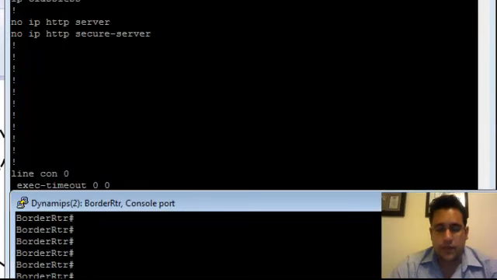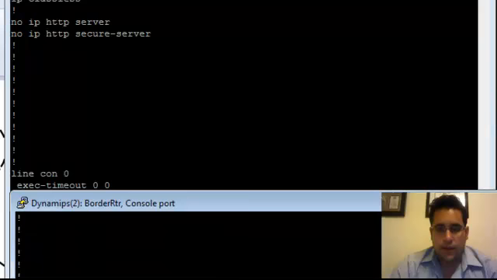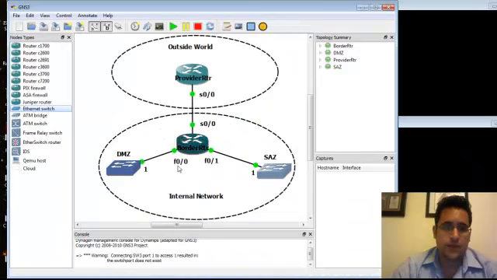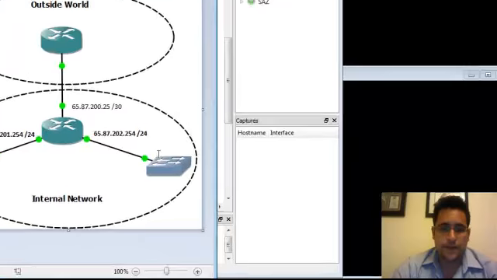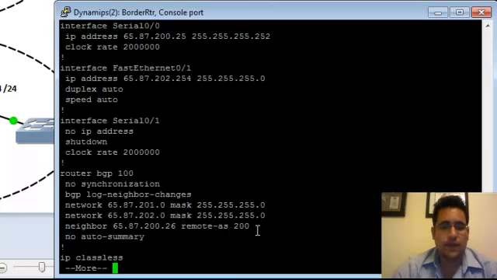Okay, pre-configured. It looks like we set up our FastEthernet 0/0, which is on the left side, towards the DMZ zone, with a .254 IP and a 255.255.255 mask. And S0/0, which is how we connect to the outside world, is .25, which is on our diagram, with a 252 mask corresponding to the /30.